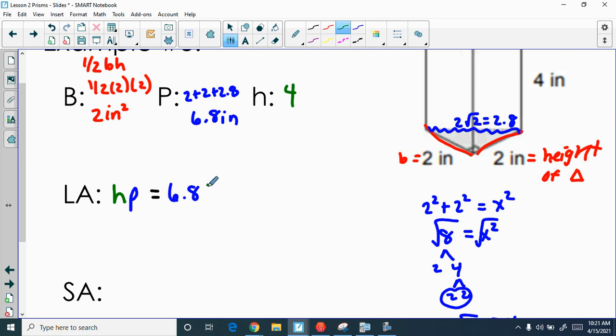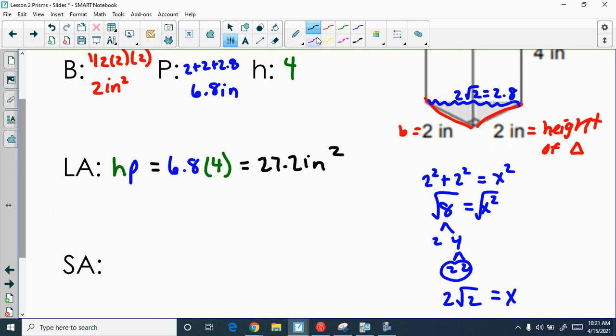I did it out of order, but remember, multiplication is indeed commutative. So it's okay that I did them out of order. We'll still get the same answer. We're going to find that is 27.2 inches squared.